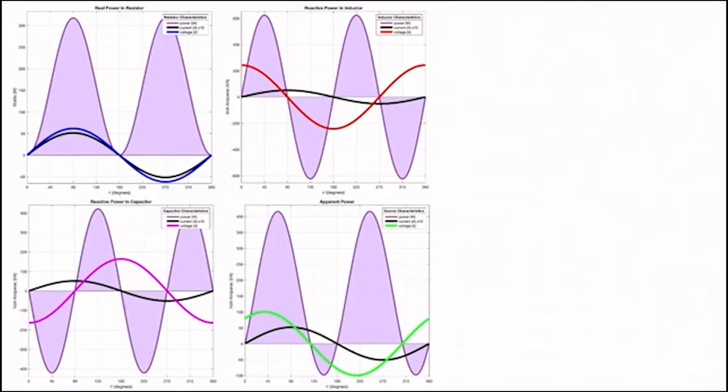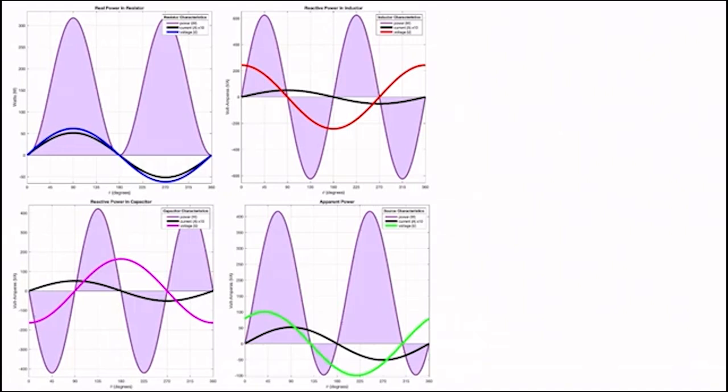For the current, the scale is multiplied by 10 because the current is actually 10 times smaller than this. The x-axis is, of course, theta. You see in this curve that the waveform for the power is purely dissipative. It's only along the positive y-axis.